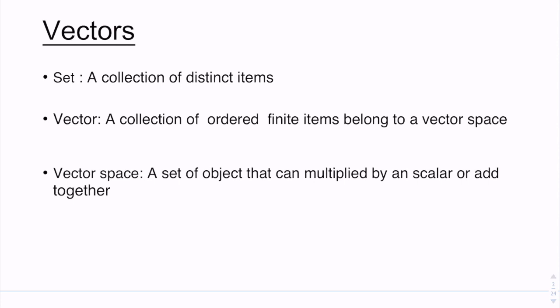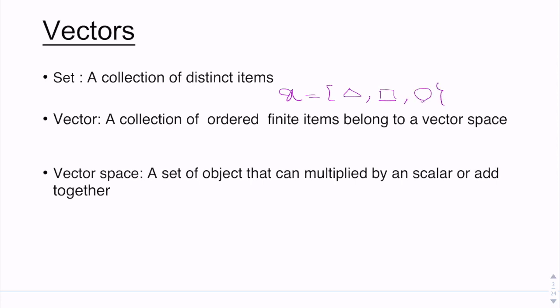For instance, we can define a set X, where X could be a set of distinct items. These items might be shapes like a triangle, a square, a circle.